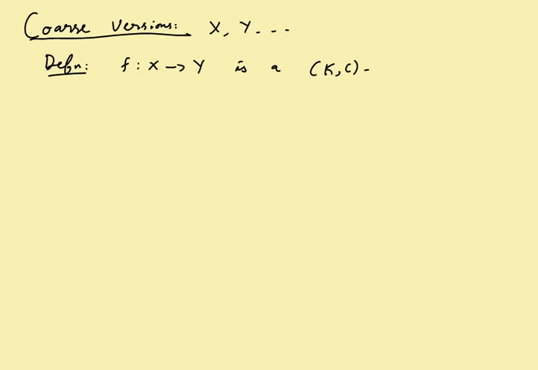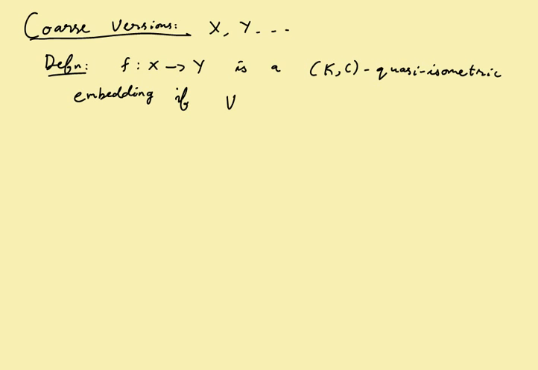Definition: f from x to y is a (k,c) quasi-isometric embedding. This is a coarse version, but it depends on certain constants.